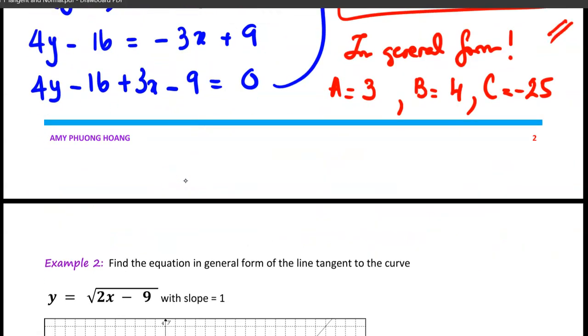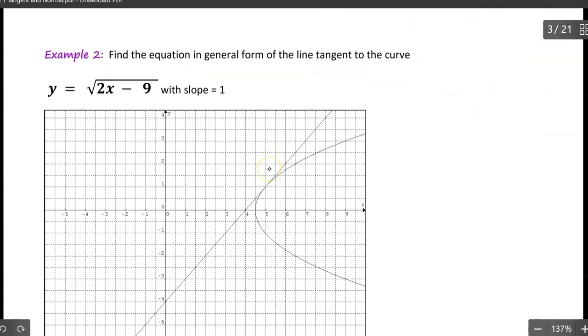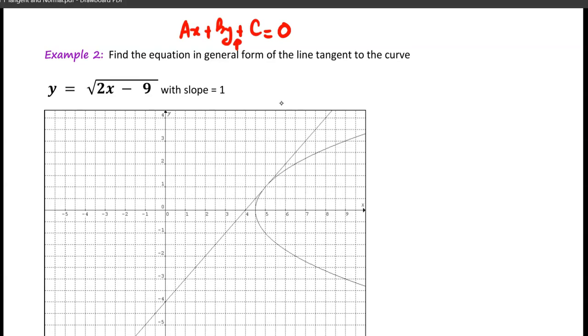In this example, I'm asking everyone to find the equation in general form. So again, in general form, make a note here: ax plus by plus c equal to 0. We talk about the general form of a line tangent to the curve.